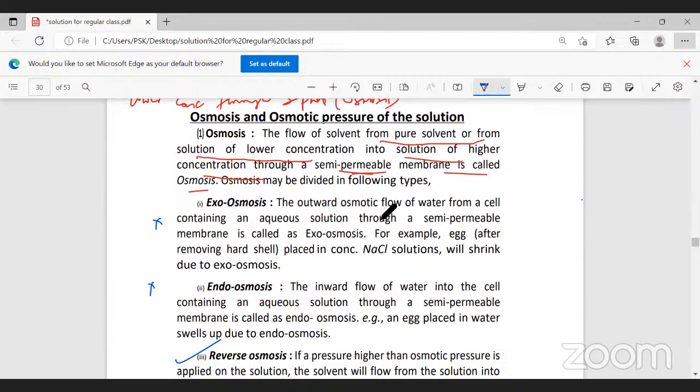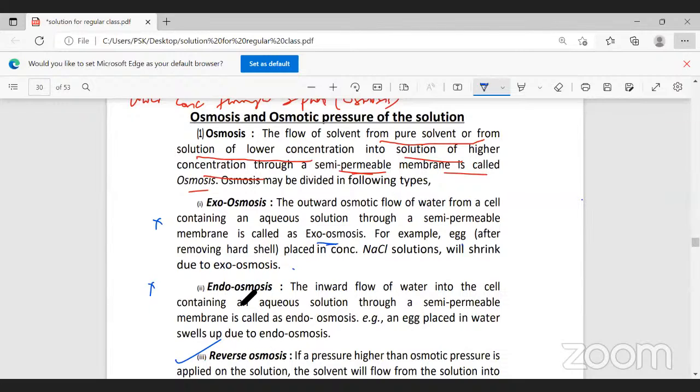What is exoosmosis? The outward osmotic flow of water from a cell containing an aqueous solution through a semi-permeable membrane is called exoosmosis. For example, an egg, after removing the hard shell, placed in concentrated sodium chloride solution will shrink, because water will flow outside from the egg.